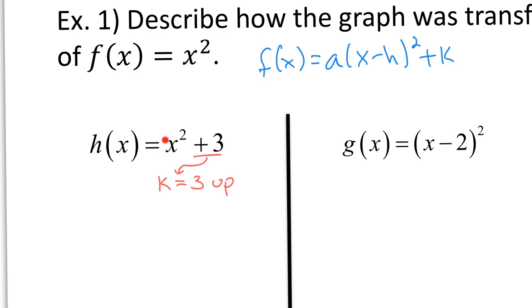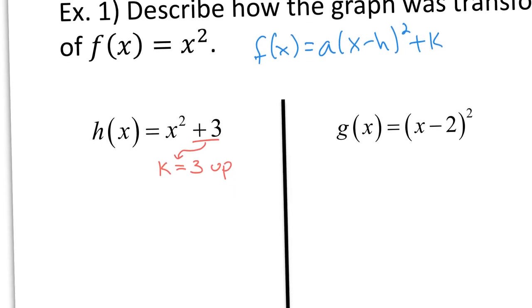Your a value is 1. Look at the parent function. The a value is 1. So that didn't change. Your a value is in front of the x squared, or you can say in front of the x with the square here. So your a value didn't change. So there's no transformation in that value, but we do have a k value in the new function. You need to explain this in a sentence. What is the transformation for that function?